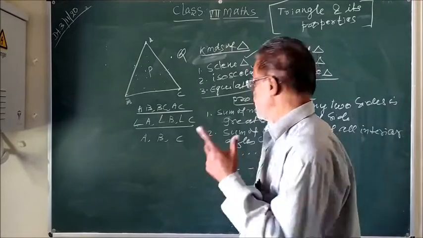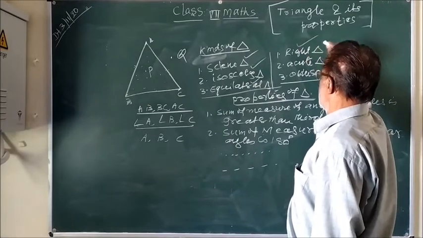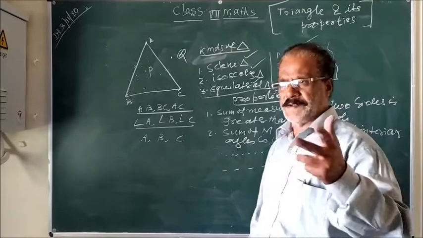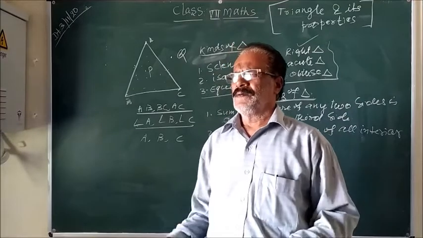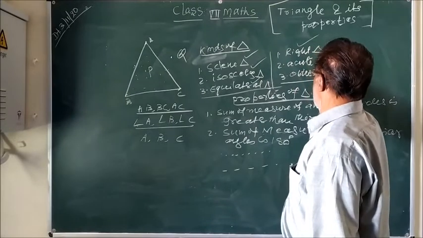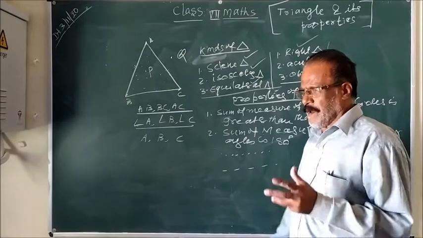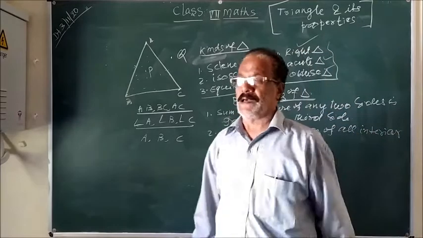And there are three kinds of triangle according to angle: right angle triangle, in short nowadays also called right triangle, obtuse angle triangle, and acute angle triangle. So overall there are 6 kinds of triangle.